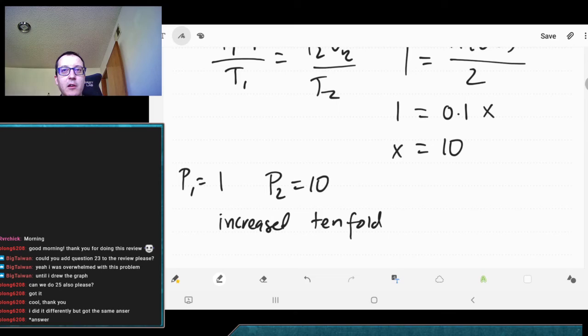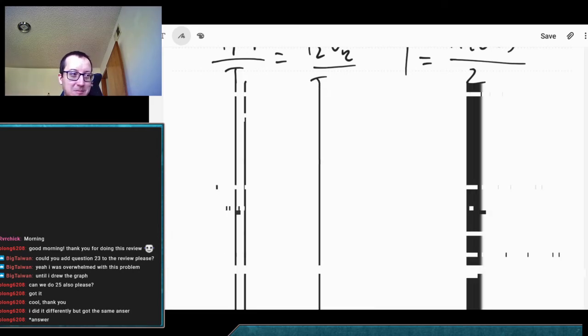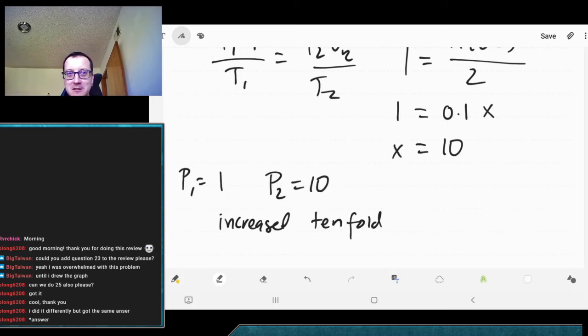It's always hard to say, not multiplying but not like doubling, you know, we have nice words for double, triple, quadruple, but for 10 we don't have a fancy word for it, so just increase tenfold.